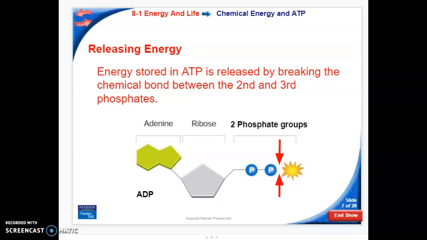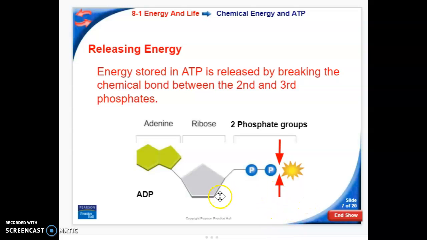Now, we talked about ATP being the molecule that produces energy. How it does this is, we talked about how chemical compounds hold energy. When you look at these 3 phosphates, they are all held together by chemical bonds. When you break the bond between the second and third phosphate groups, it releases a large amount of energy.